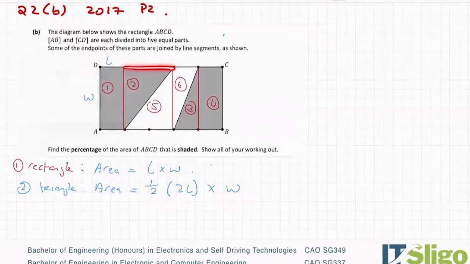So that's my base, that's my perpendicular height. So that's still W, and then the base is 2 L's because each of these divisions, because there are 5 segments, is an L. So half of 2L by W, which is an L by a W.